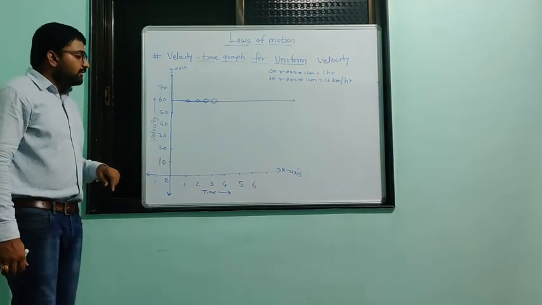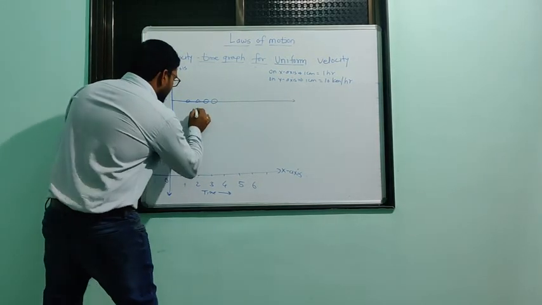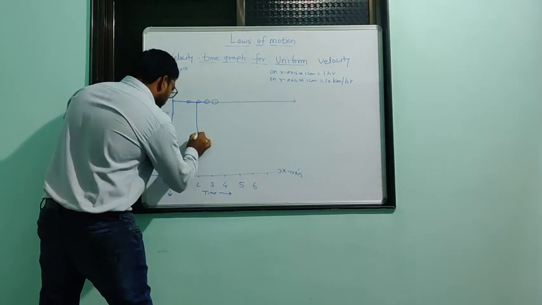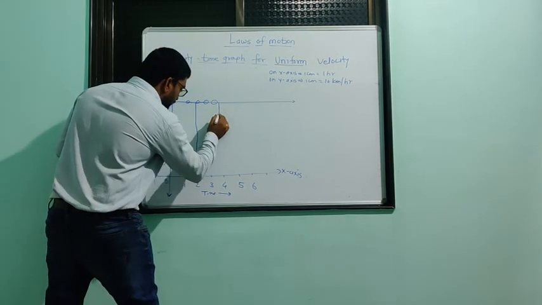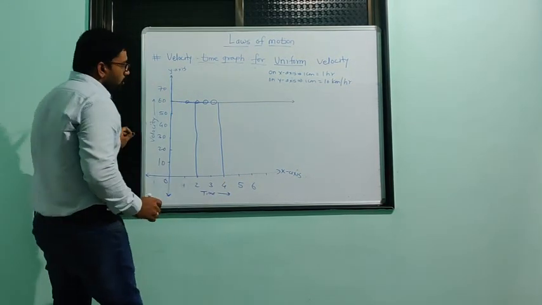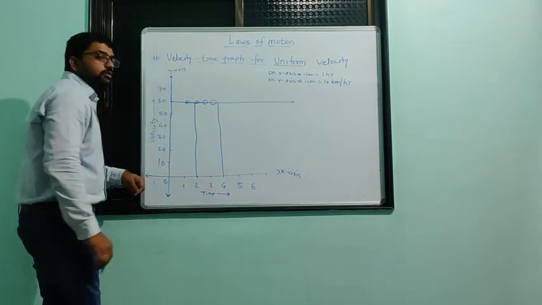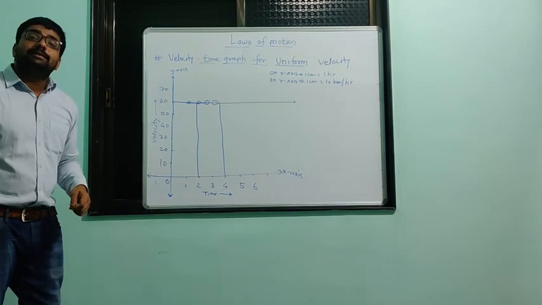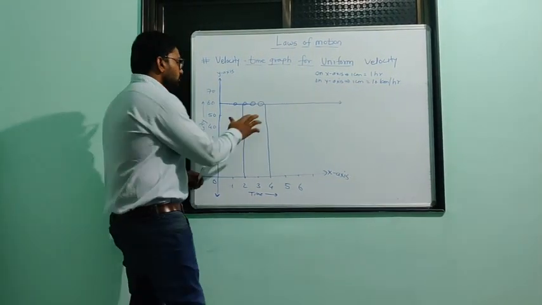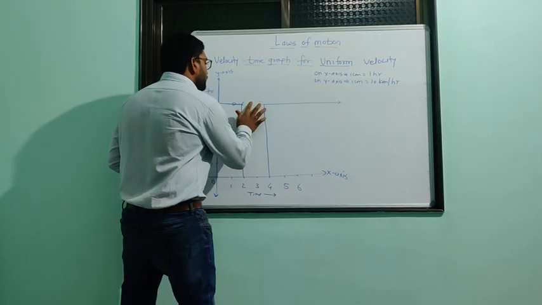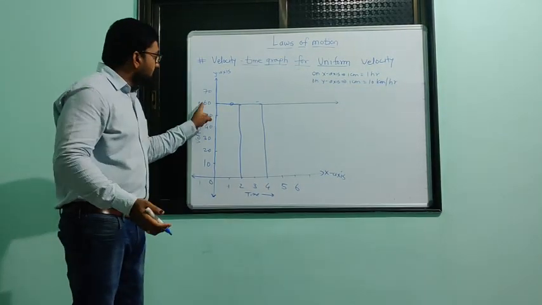Now another question asked in our book: how much distance will be covered between the second hour and the fourth hour? In that time span, 2 hour to 4 hour, how much distance do we cover? We know the velocity of the object is constant 60 kilometer per hour.